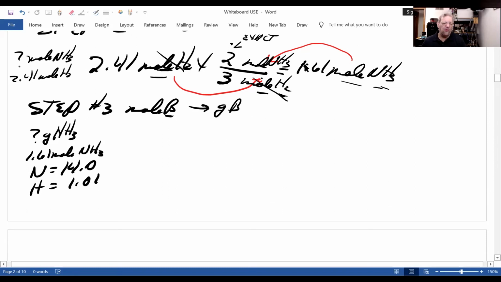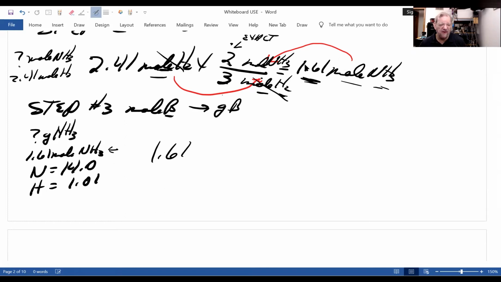Now, what do we have to work with? From up here, step 2, and also I rewrote it here, we have 1.61 moles of ammonia. We want to go to what?